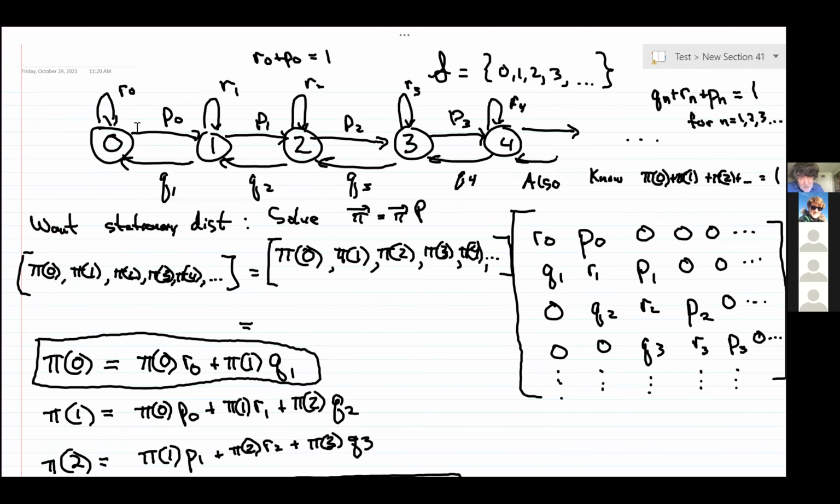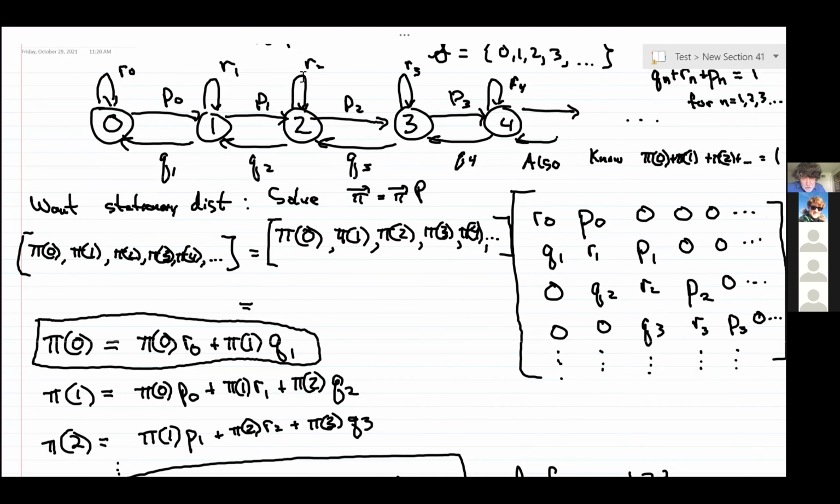So for the first state, that's a special situation. There is no going to the left. We get something different.